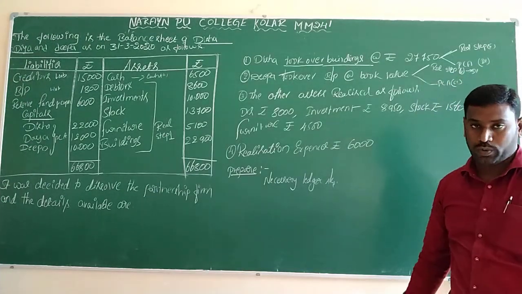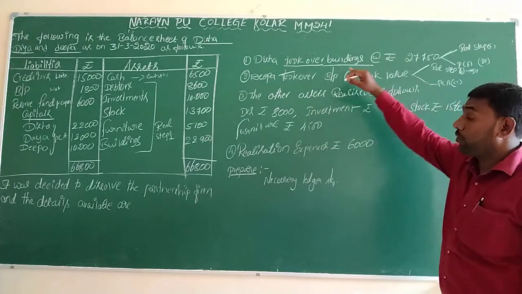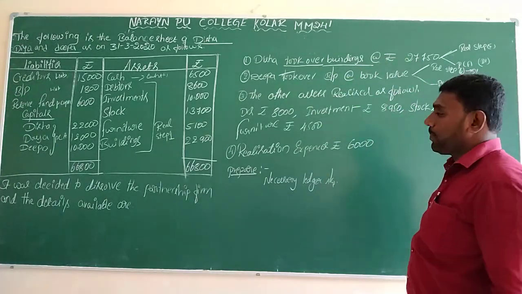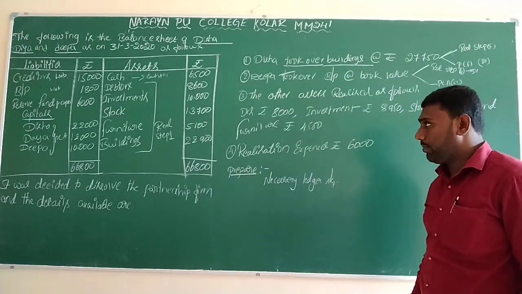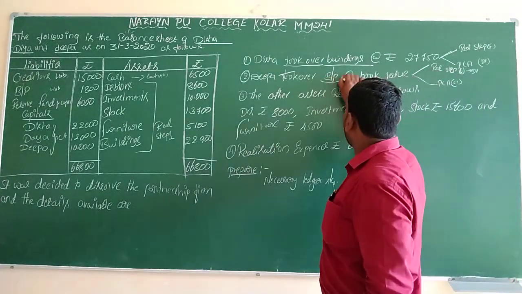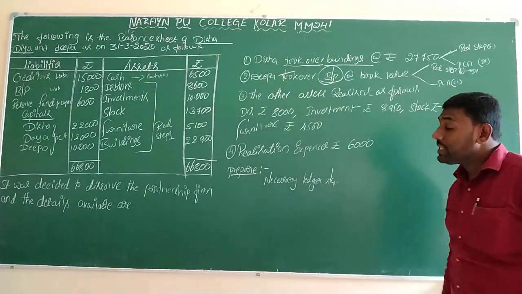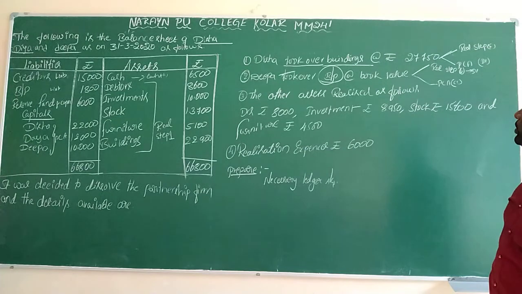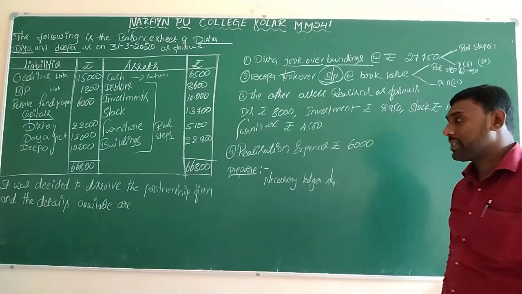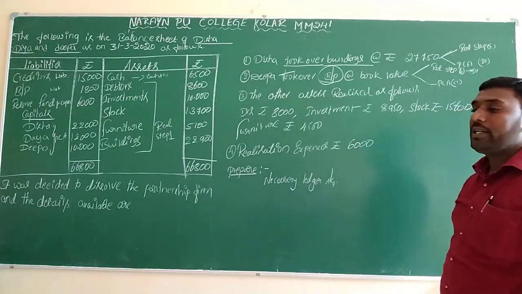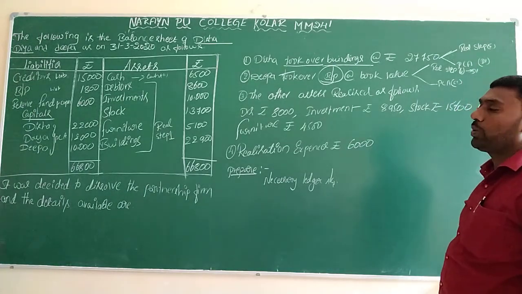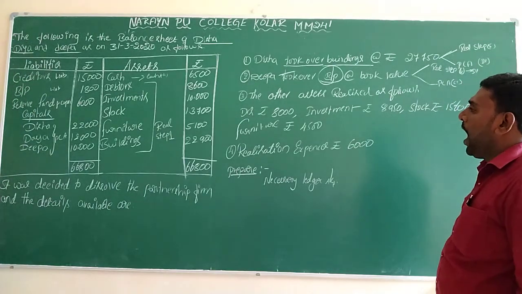Opposite direction we have to transfer. If an asset is taken over, it will come in step number 5 and partners capital account debit side. Bills payable is a liability. Though it is taken over, it will come to the debit side of the realization account under step number 6, and again it will come to the credit side of partners capital account. Two times we have to record it.